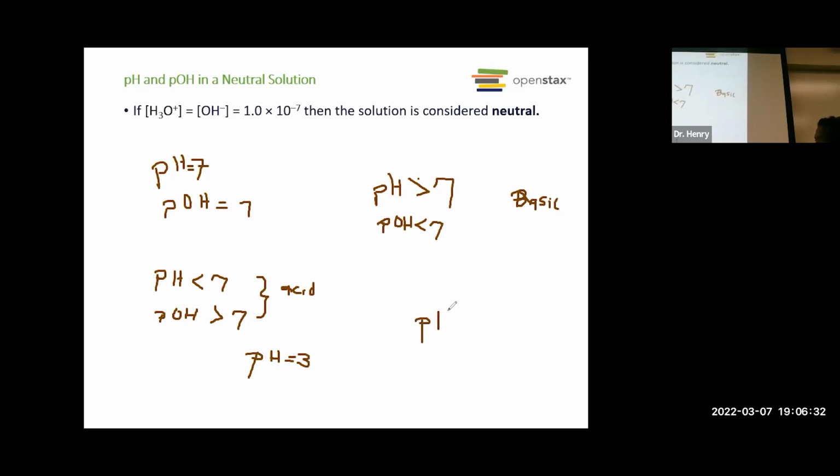So pH plus pOH has to equal 14. So in this case, pOH is 11. Okay, makes sense? Solomon, make sense?